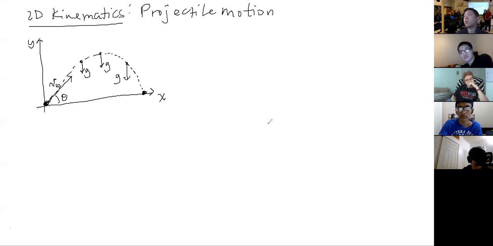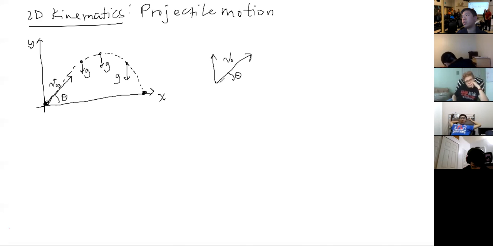All right, so now how are we going to deal with projectile motion? First of all, something we have to notice right away is that the only acceleration acting on the object is g, which points downwards. So we can decompose the initial velocity vector into its x and y components.